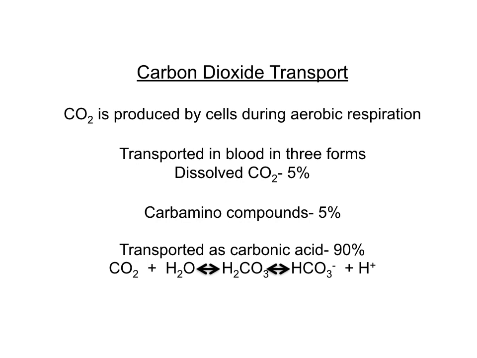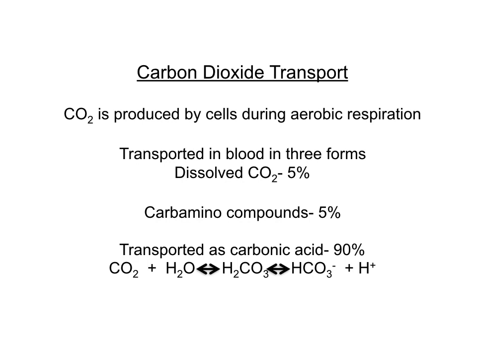CO2 is produced by your body cells during aerobic respiration, and it's going to be transported in your blood in three different forms. About 5% of your CO2 is going to be dissolved in plasma. Another 5% is going to be transported as a carbamino compound.